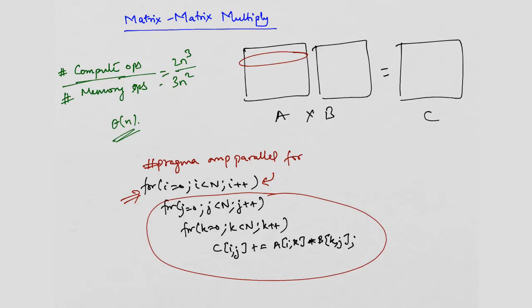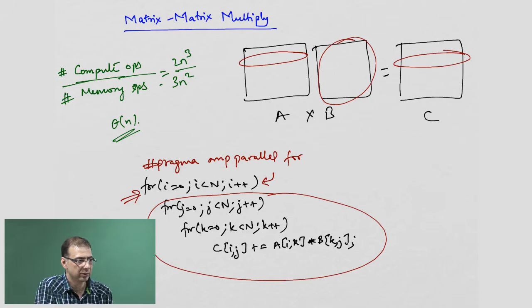And so it's going to work over the entire B matrix, multiply it with this vector of A and store it where? In the corresponding row of C. And this is also a vector matrix product, right? This is the same as matrix vector product. It's a vector matrix. So this is also memory bound. Same issue.